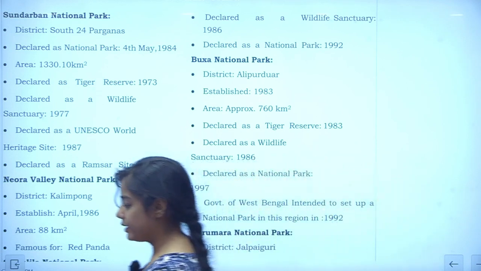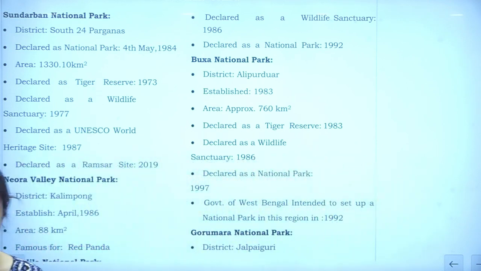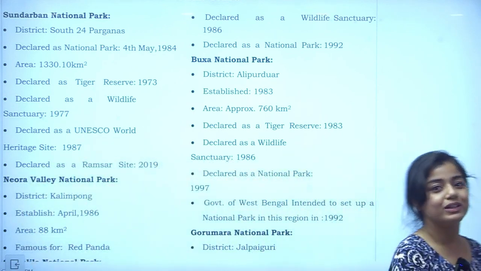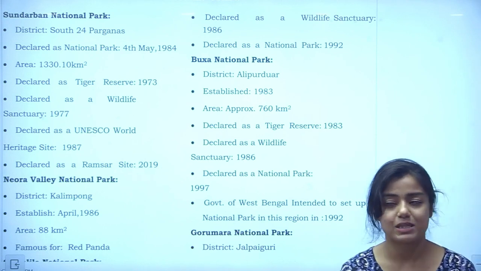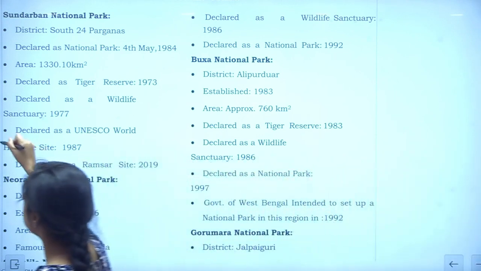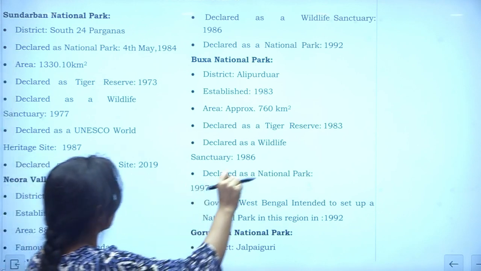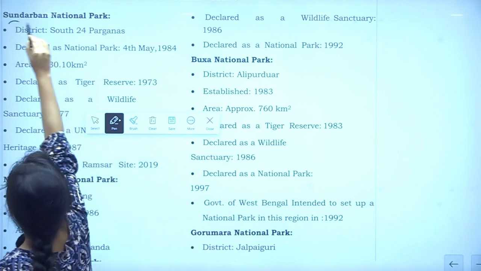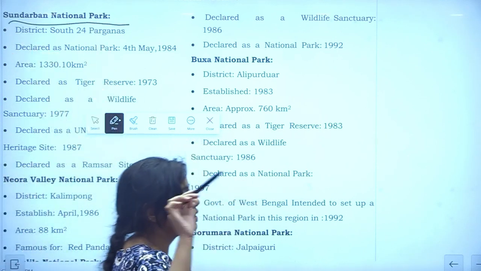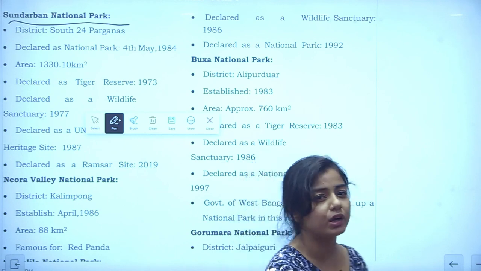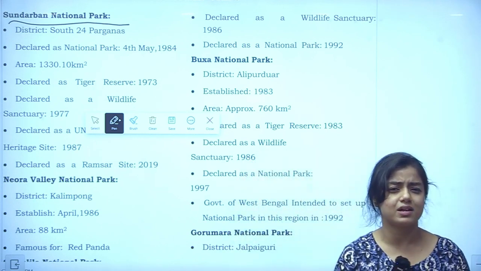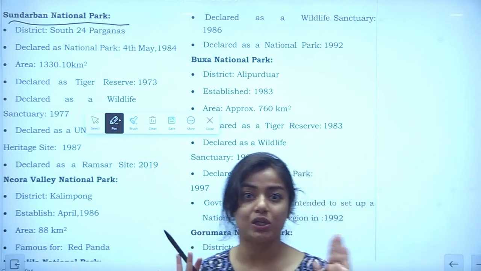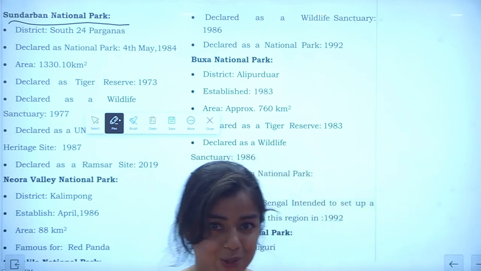There are 6 national parks in West Bengal. You have to learn them by heart, and especially Sundarban National Park is very important. You will have some question or other on it, so please don't neglect Sundarban.